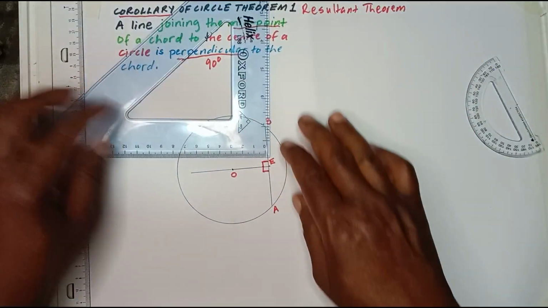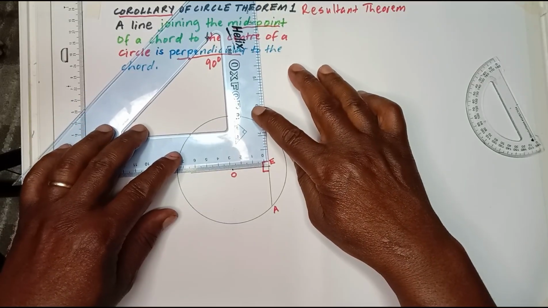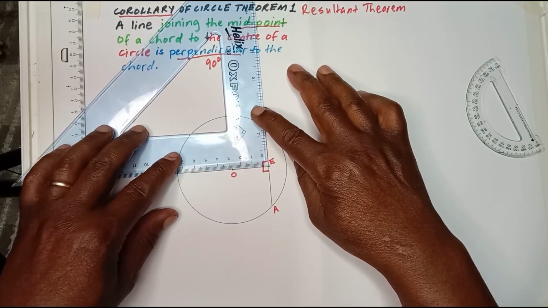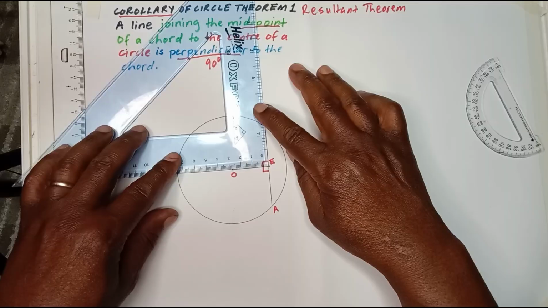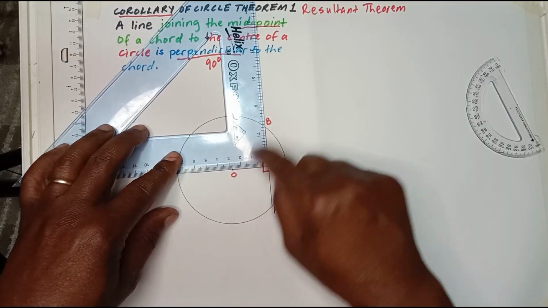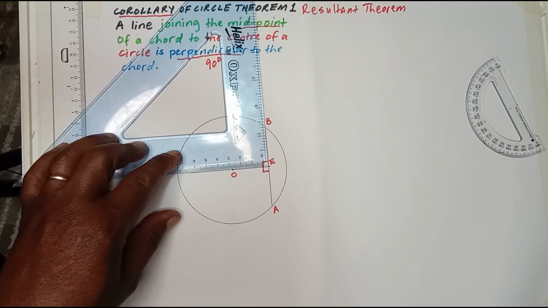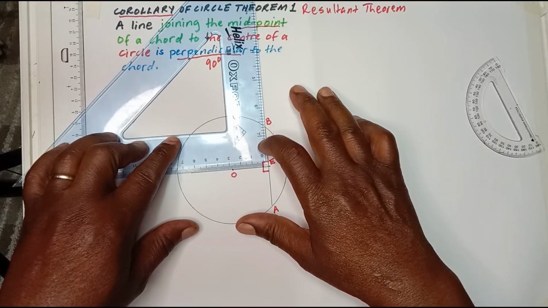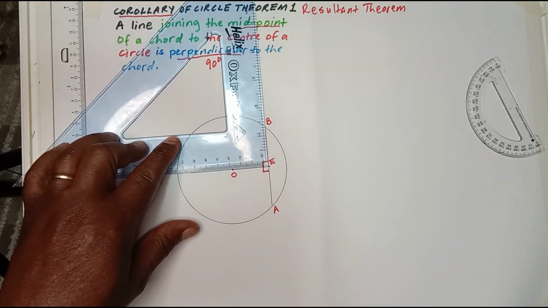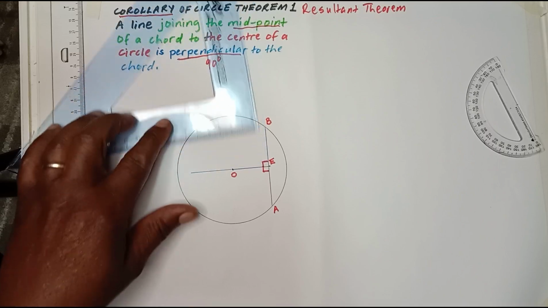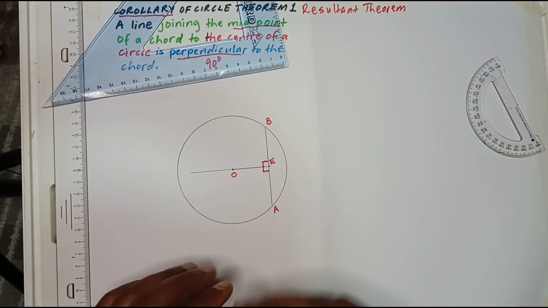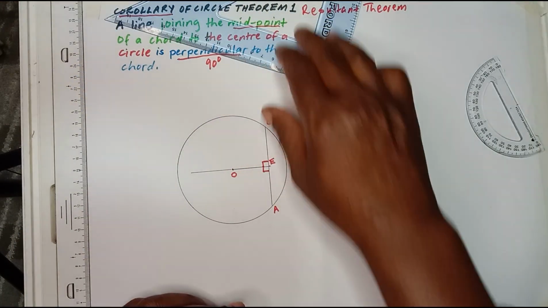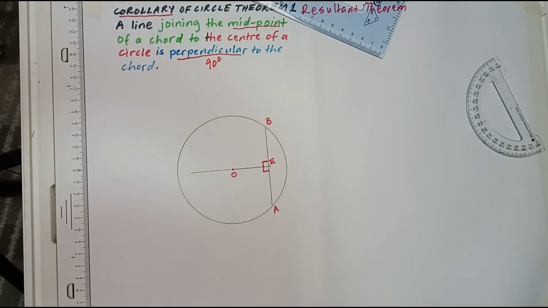On the other side, we can also push the 90 degree angle into angle OEB, and we can see that the angle matches the sides of the set square. So that's how we can verify that the angle is equal to 90 degrees. Okay, so this is the corollary theorem to circle theorem 1.